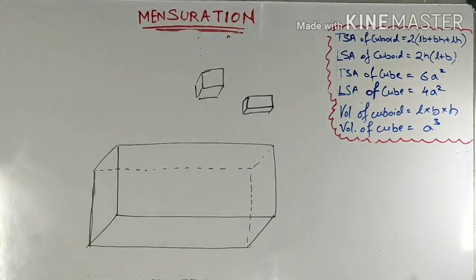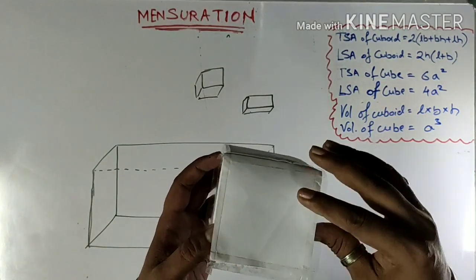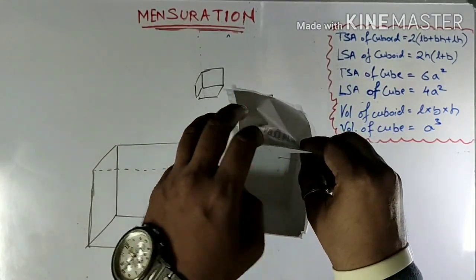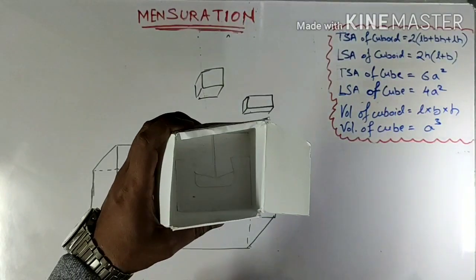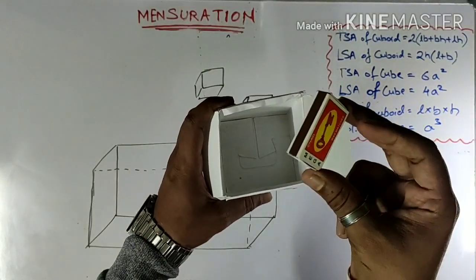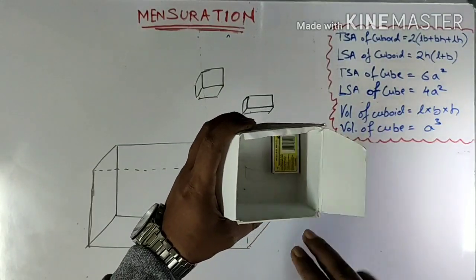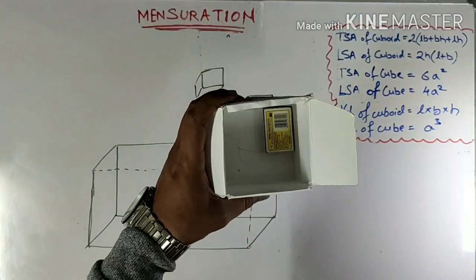So consider this example that there is this cube, an empty cube. I open it and I want to know how many small cuboids will fit into it exactly without leaving any space.